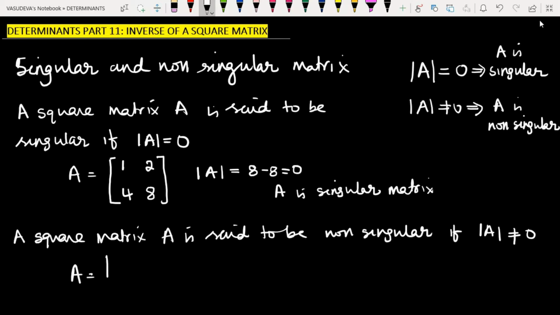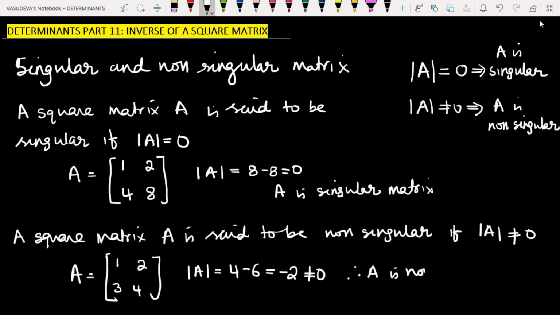Suppose A is the matrix 1 2; 3 4. Taking the determinant of A, 4 minus 6 is minus 2, not equal to 0. Hence A is a non-singular matrix.